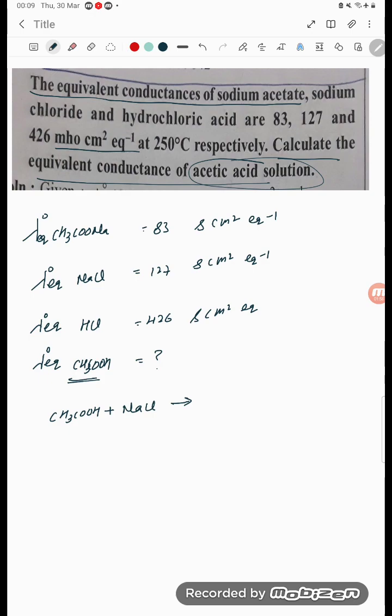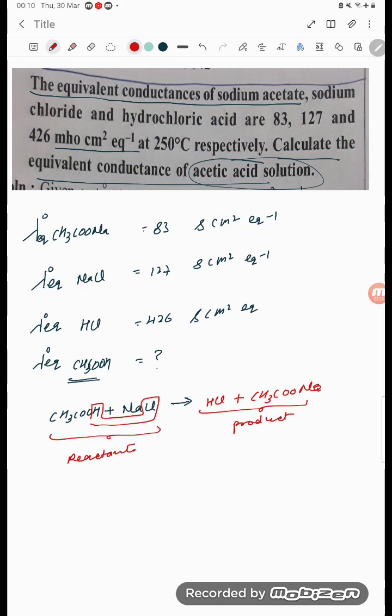Here you are going to get HCl, so one is the HCl and second one is CH3COONa. That is going to be the product, and here this is the reactant.